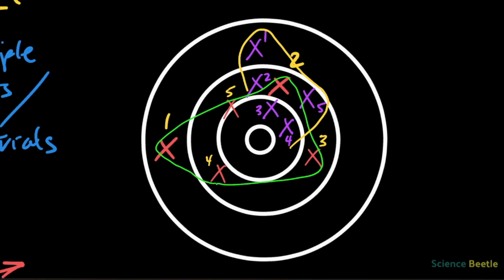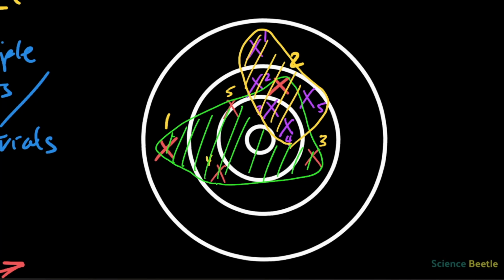And come around, and you can see now that if we compare the area occupied by the first shot, notice the area in green is significantly larger than the area in yellow that was part of the purple set of shots.